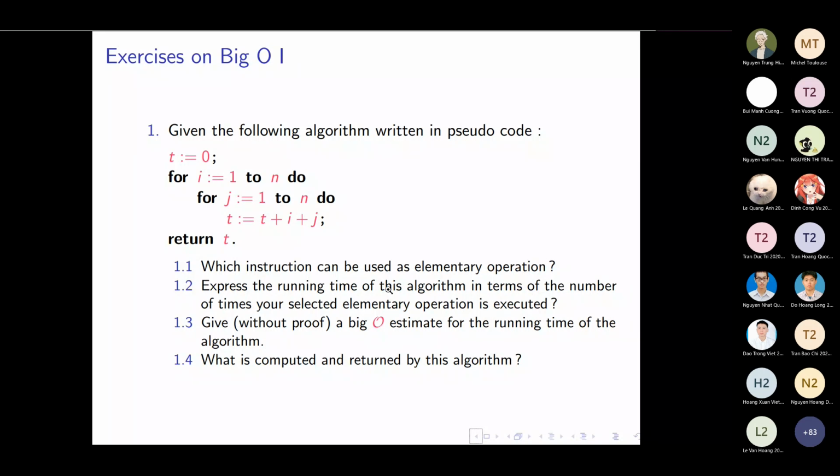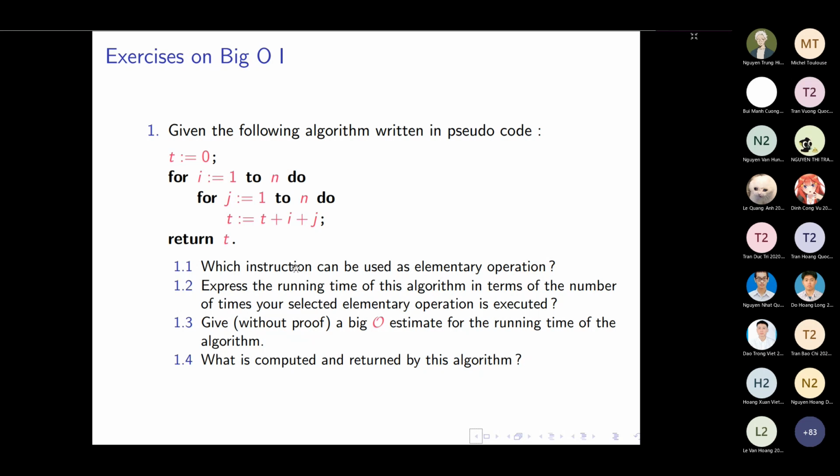Okay, so the algorithm will compute the total sum of i plus j, you can see. So what is the total sum of j's? You can see in the inner loop, j runs from 1 to n. So you have 1 plus 2 plus 3 up to n. And there are n loops like that. So that makes n times (1 plus 2 plus 3 up to n).